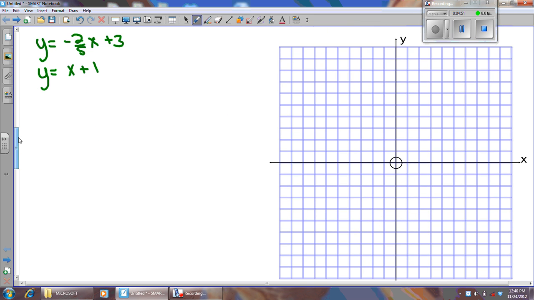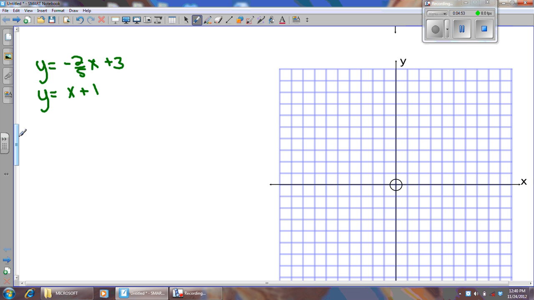Now, we can solve this one by graphing, only it's not going to be so pretty. We'll do the first one, y-intercept of 3, 1, 2, 3. And then we're going to go down to 1, 2, 3, 4, 5.